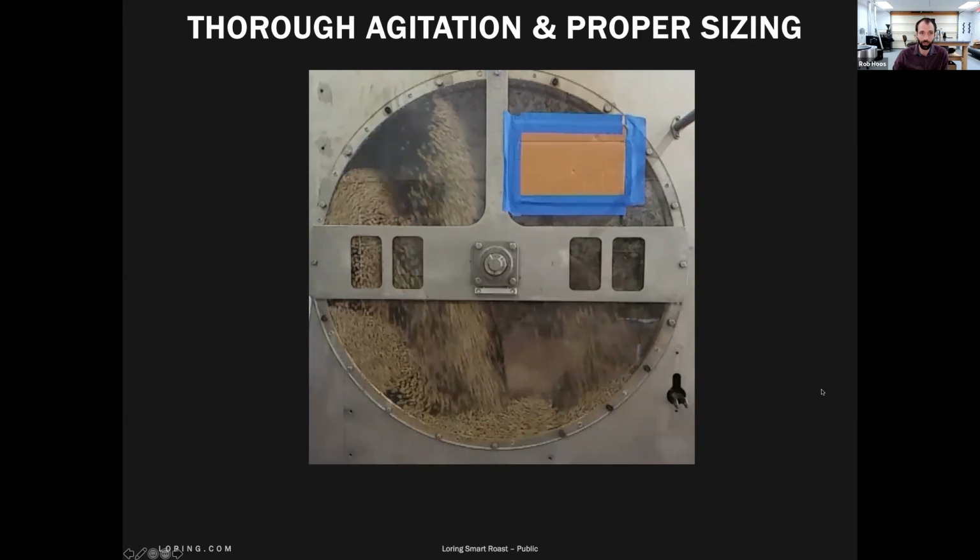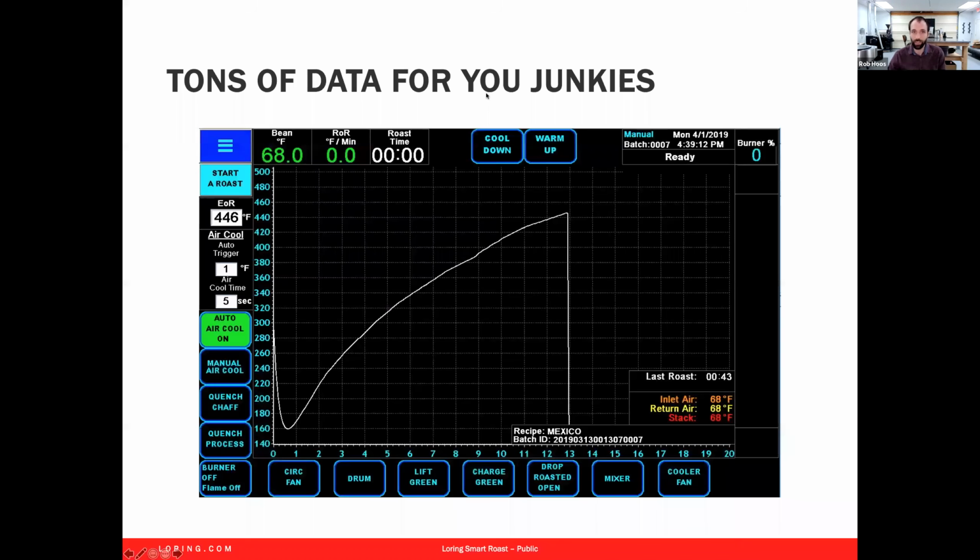There we go. And then the other thing is, honestly, it's good to have lots of data. It's not good to have all of the data necessarily, because the data has to be useful to you. But we're at this really amazing advantage that people that were roasting in the 1980s, 1990s, and early 2000s didn't have. We have a lot of data at our fingertips.